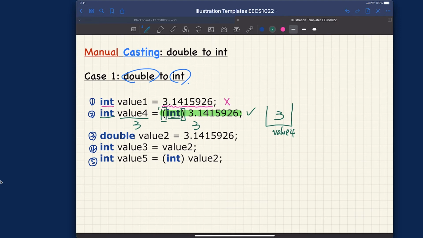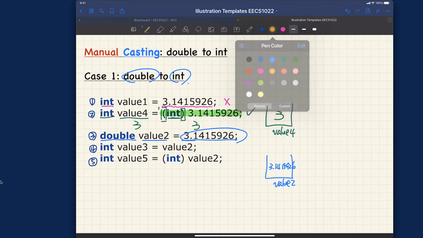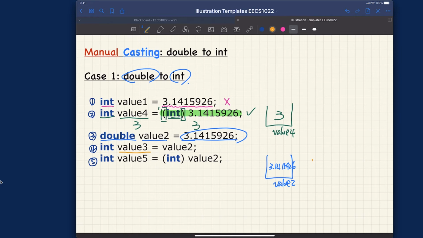Let's go a little bit further. Over here we have a double variable, value 2. This is okay: you simply declare value 2 to store a floating point number, and we do have a floating point number here, 3.14. Now we declare another variable, value 3, declared to be of type integer with no fractional part.